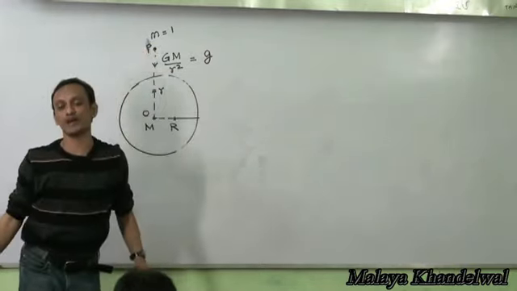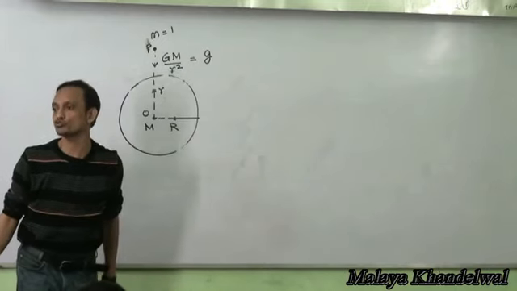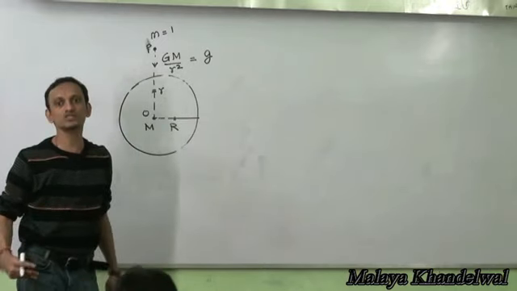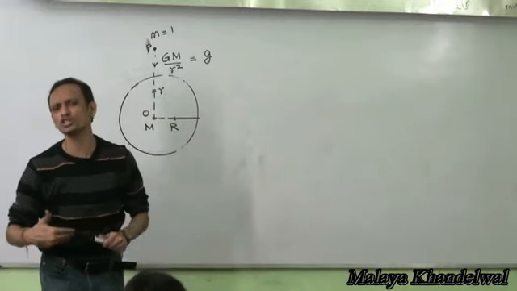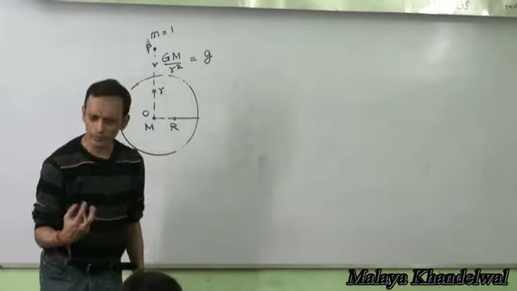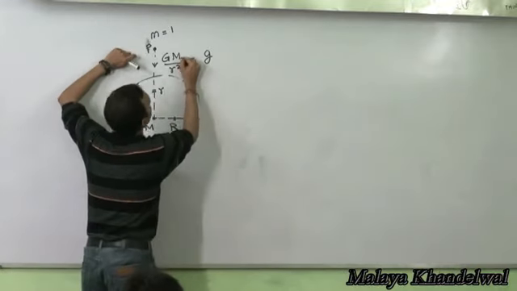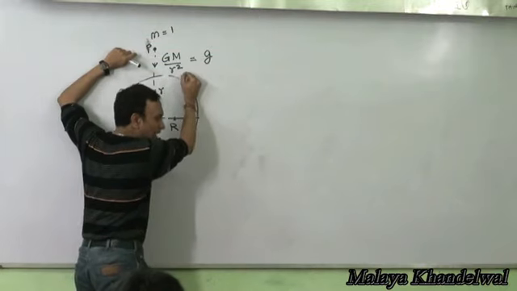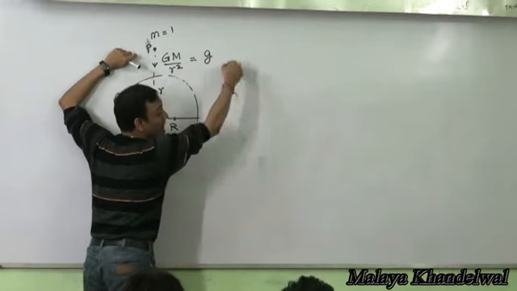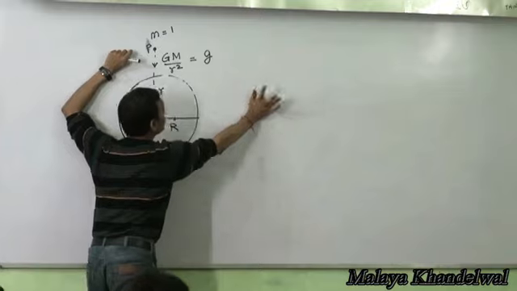g, the acceleration due to gravity. In general, this would be the acceleration not just of a unit mass. If the mass was small m, then the force divided by small m will still give me GM by r squared, right? So that does not depend on the test mass.